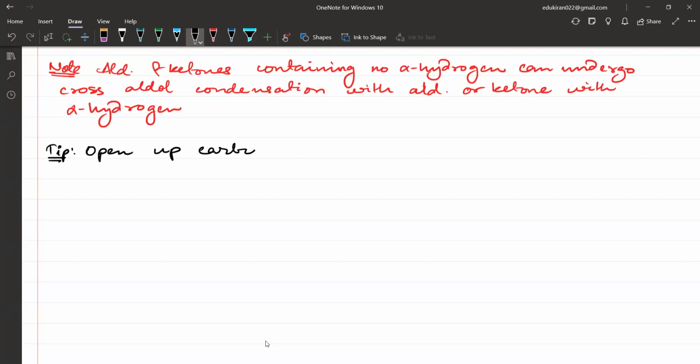Spin up carbonyl of the molecule with no alpha hydrogen. Molecule with no alpha hydrogen.